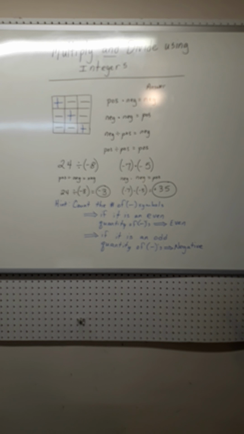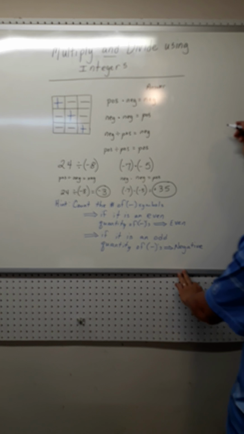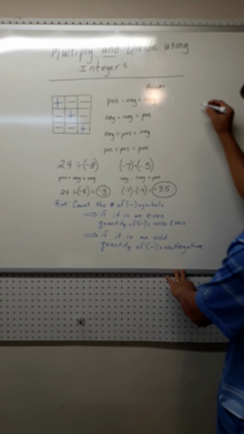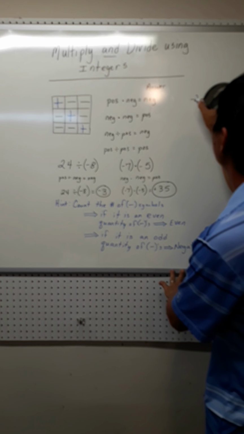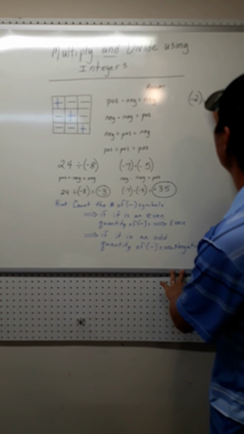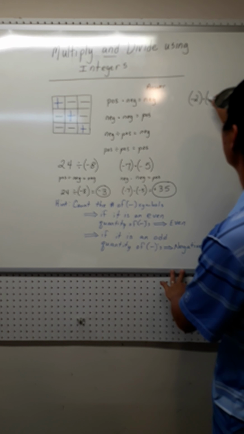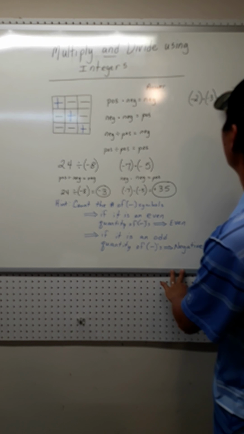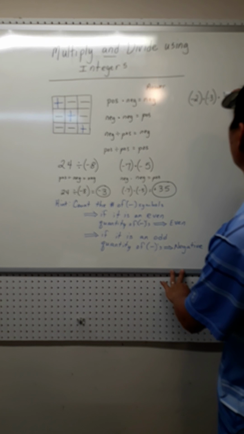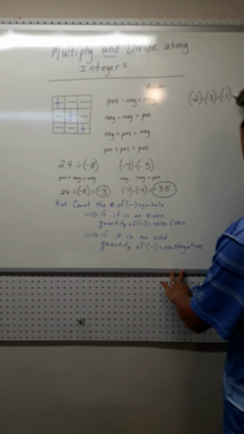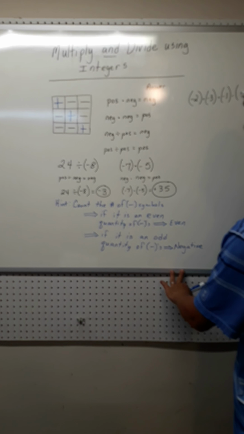Let's say I have, and I'm going to keep the number small for you, negative 2 parentheses times negative 3 parentheses times negative 1 parentheses times, let's say, 2.